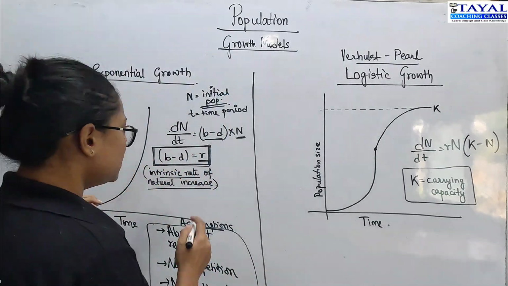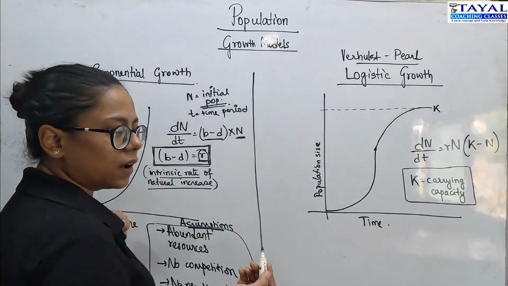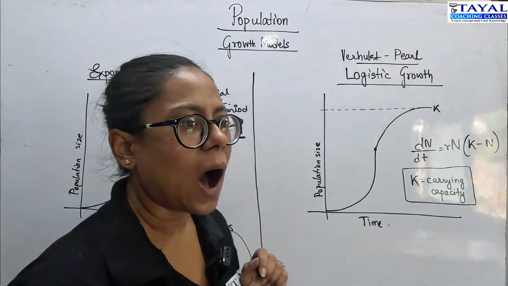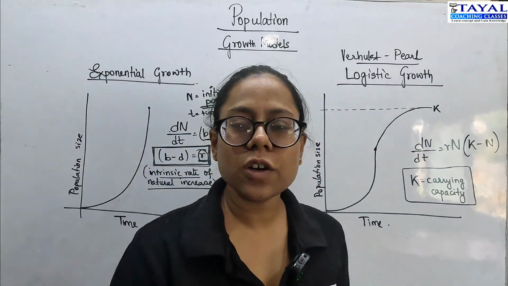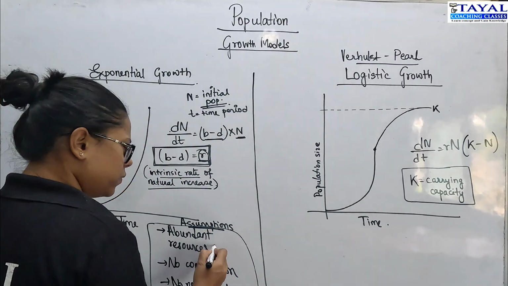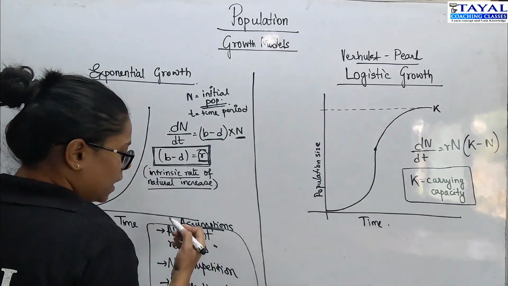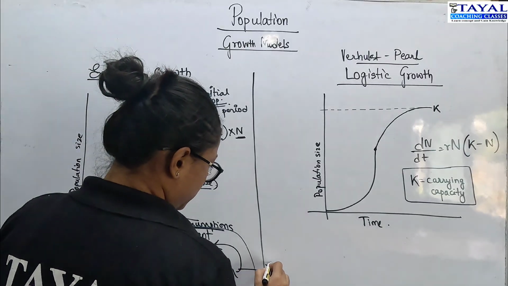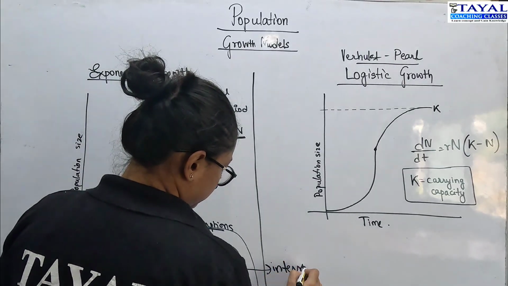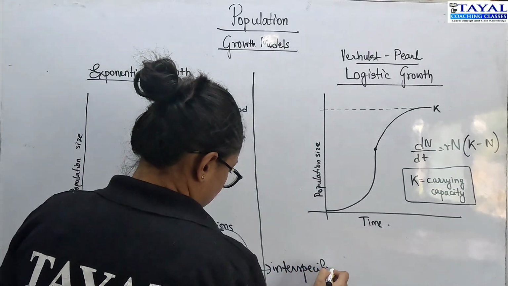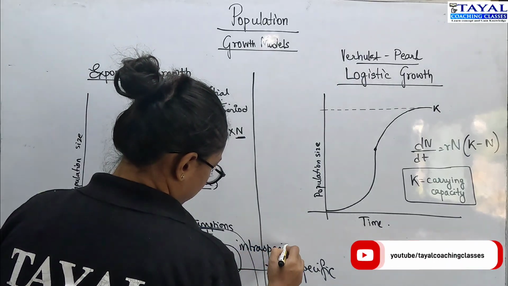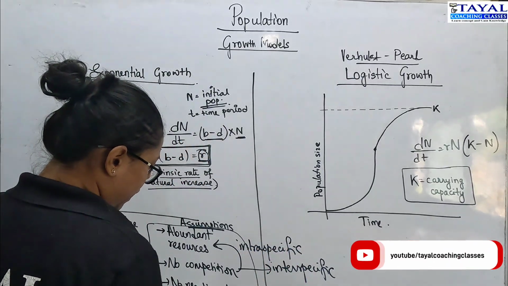Therefore, we have to consider the R, only the R. Now, remember one thing, that all of these assumptions are ideal cases. They are not real life scenarios. There will obviously not be abundant resources. Therefore, there will be competition for resources as well as interspecific competition and intraspecific competition, correct?